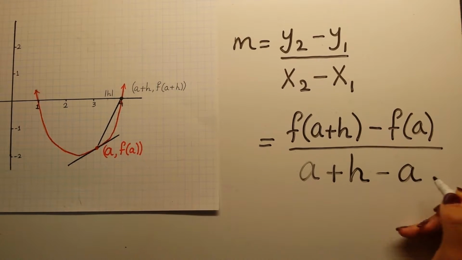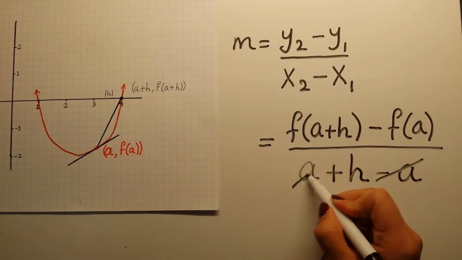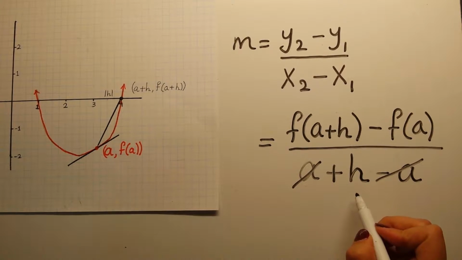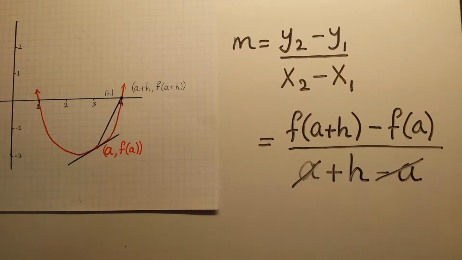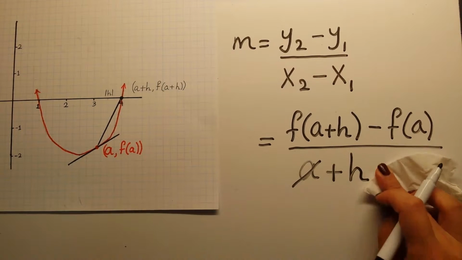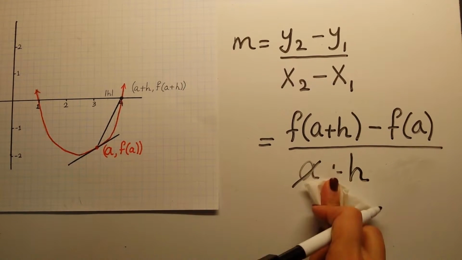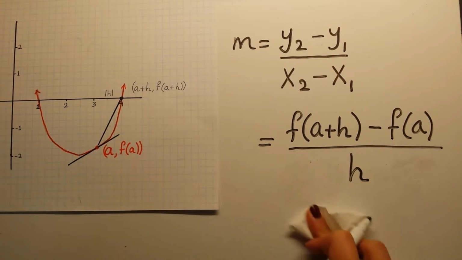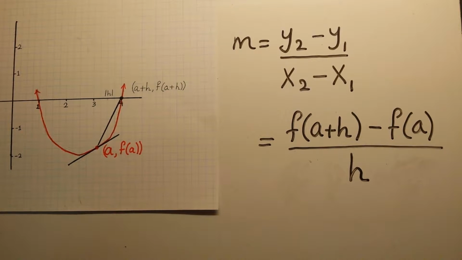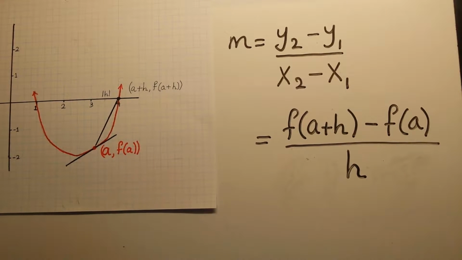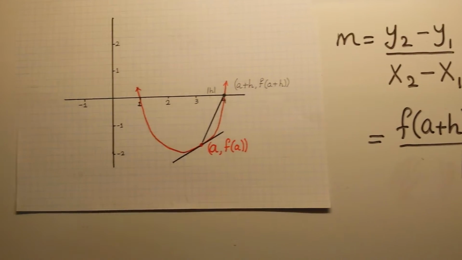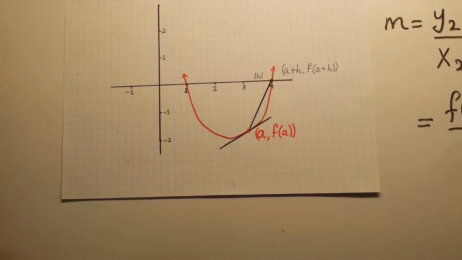You can see that the a's cancel out beautifully, so I'm left with h in the denominator. So I'm just going to erase this part so you can see the final formula for the slope of the secant. Now that we have the slope of our secant, let me go back to my graph.